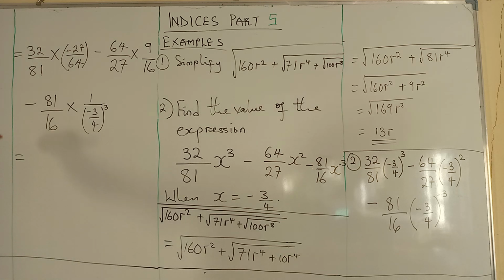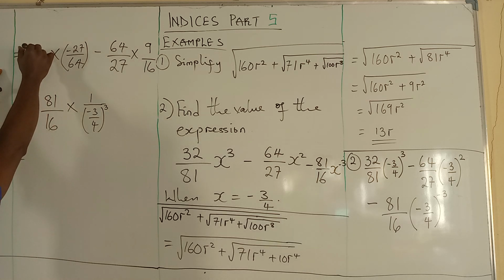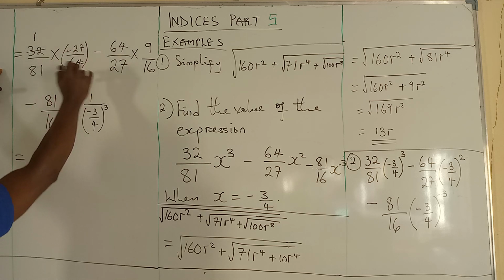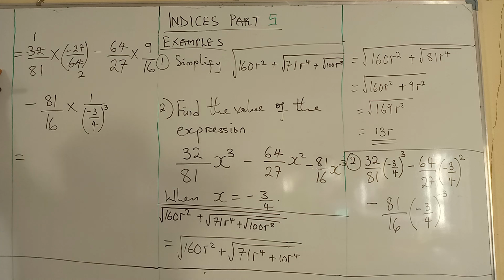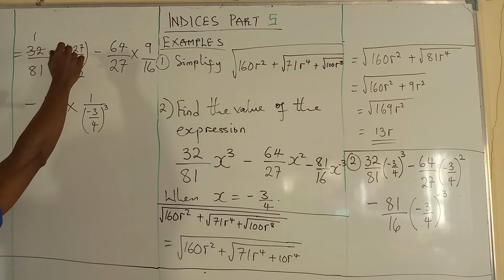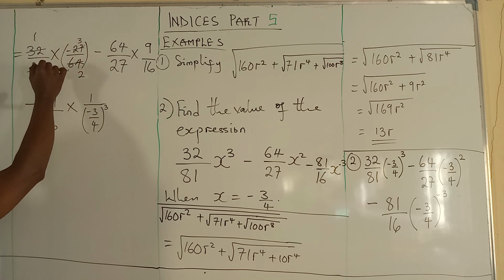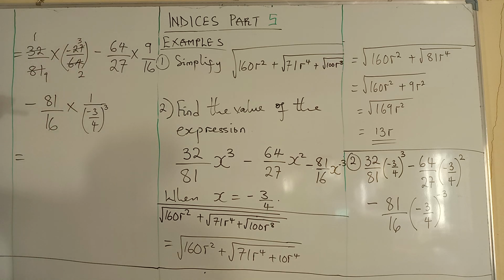Okay. So from here, we'll see that 32 can cancel 1, cancel here 2. We can also see that 9 can go here 3 and 9 can go here 9. So we are left with minus 3 over 18.